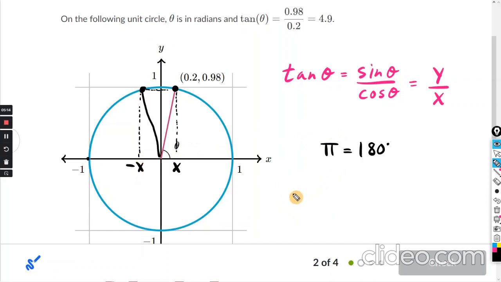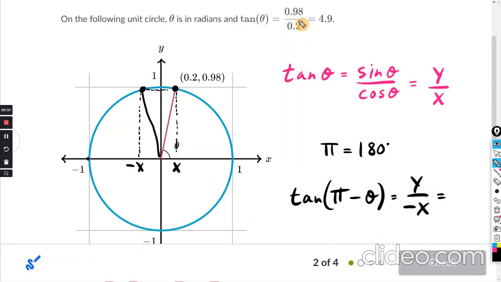So if we do tan of pi minus theta, it's going to be the same y coordinate, so we keep the y, and the negative x coordinate, so we make it negative x.